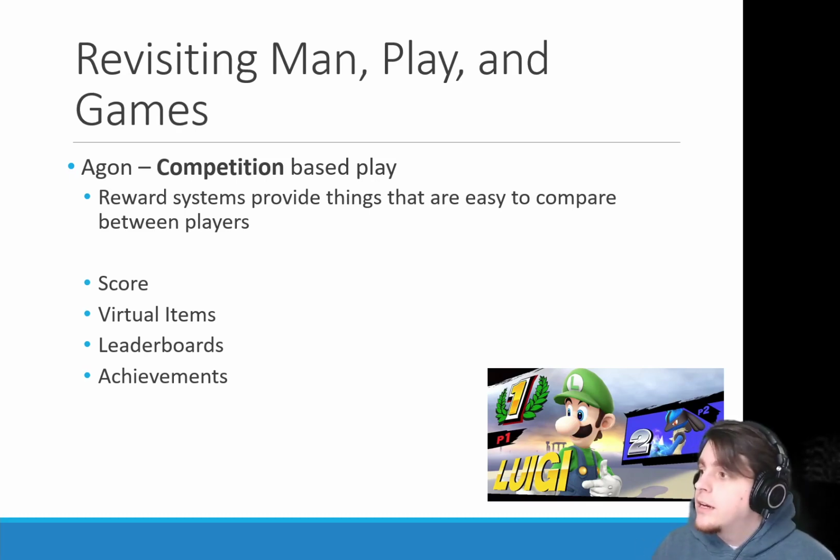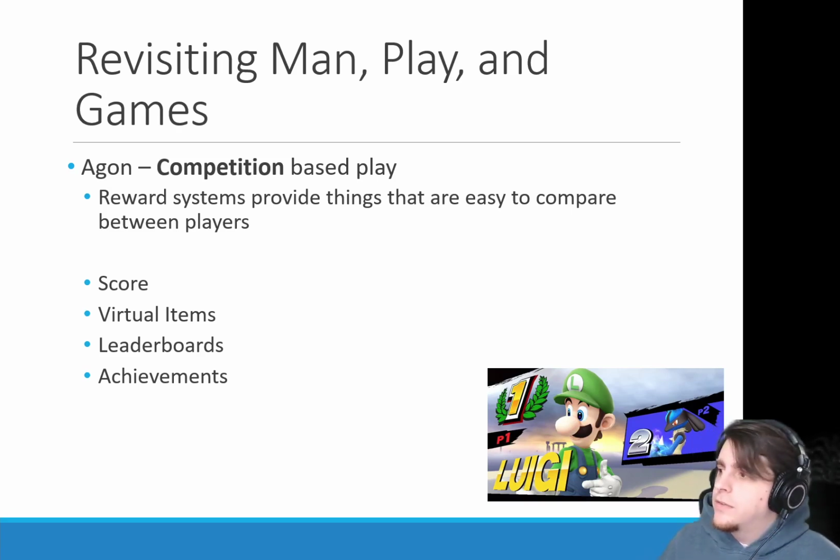Those kinds of rewards are relevant in a competitive scenario because they offer that quantifiable data. And I can say, hey, I'm better than you at game X, or you can say you're better than me at game Y. That's why those kinds of rewards are more useful in this kind of context.